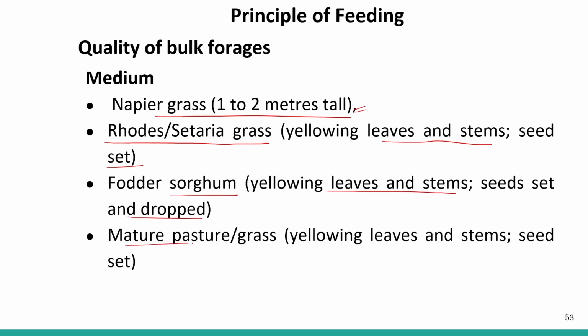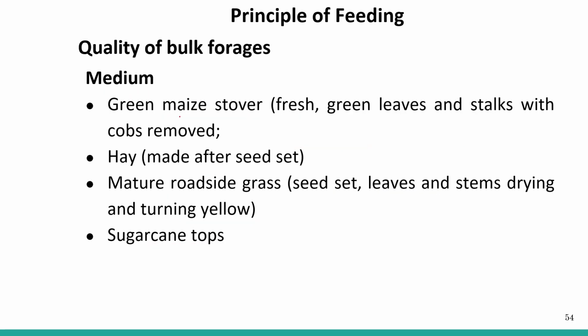And mature pasture grass: yellowing leaves and stem and seed set. So these are the different types of grasses, and their stages are also given, at which particular stage they can be cut and fed to the animals. So this is the medium quality supplementary forage.